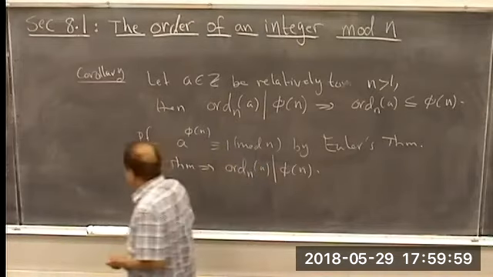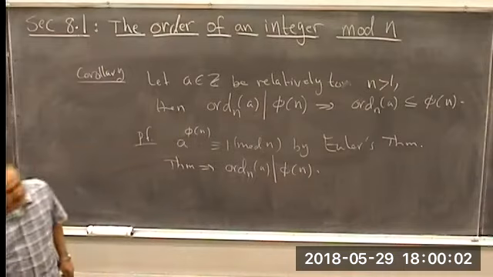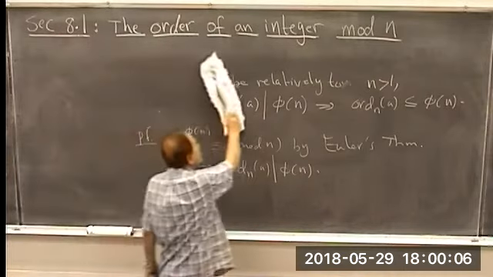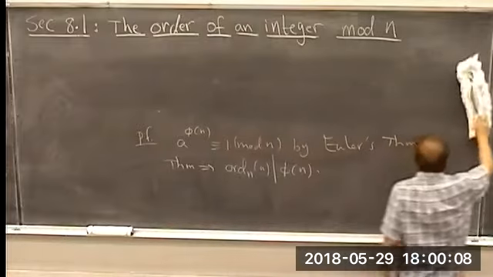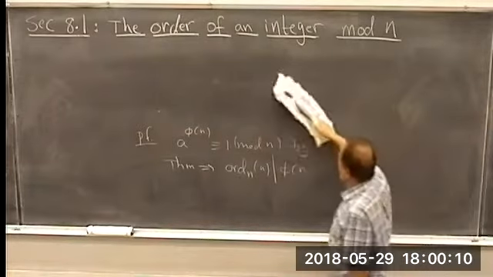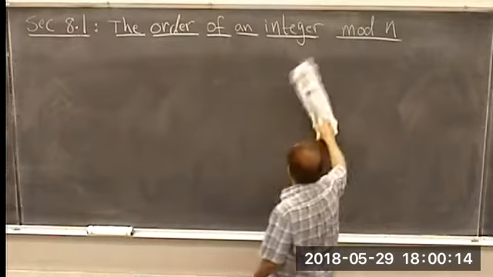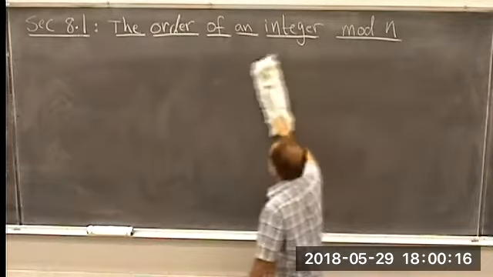Now, this corollary actually provides us a shortcut for finding orders of some integers. All right. So in other words, it's useful, even though it is very trivial as far as a conclusion of the theorem.